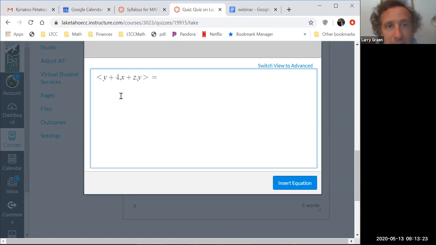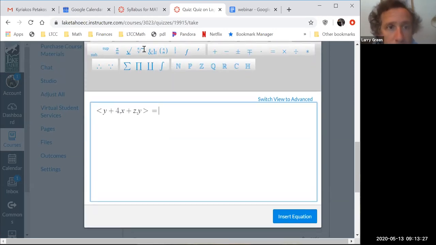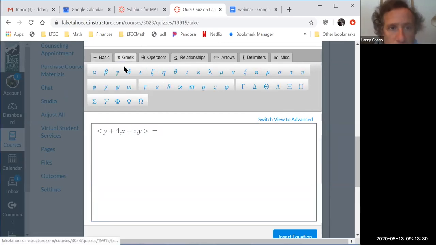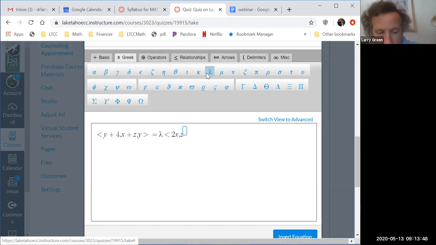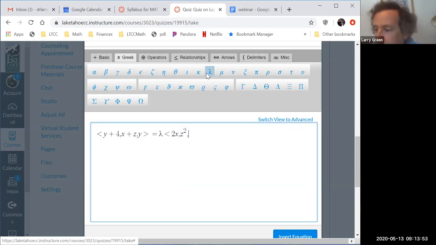And that is supposed to be lambda times the gradient of g, and the gradient of g was 2x, comma, z squared, comma, 2yz.